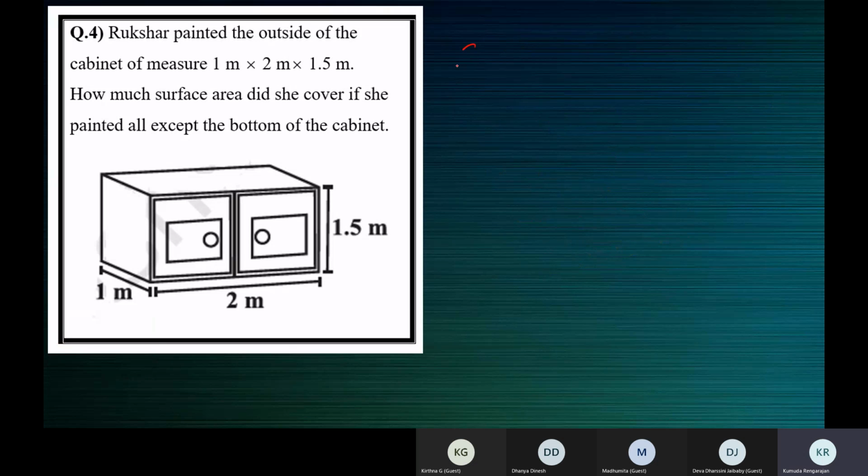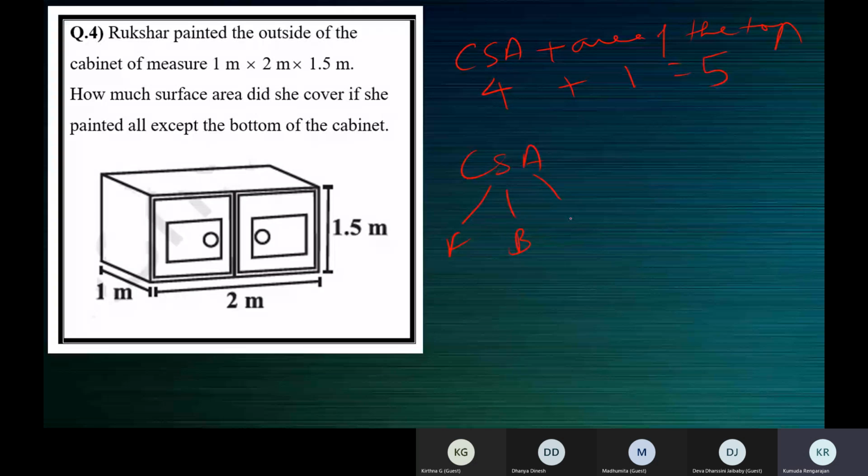So you should find the CSA plus the area of the top, because the curved surface area will include 4 faces.